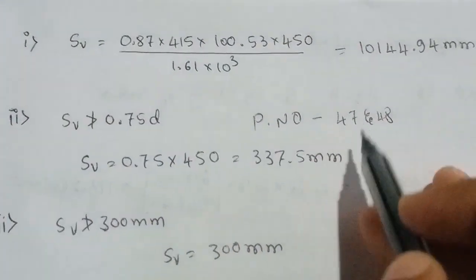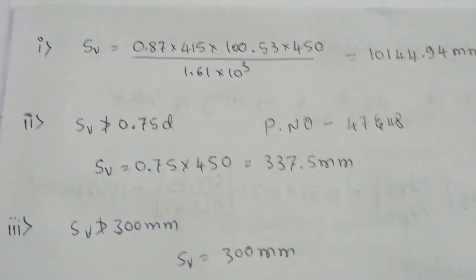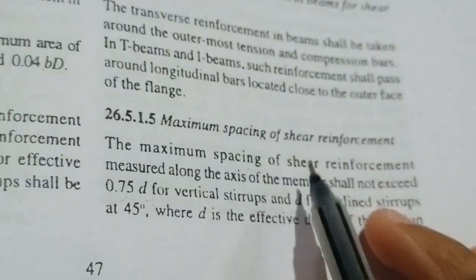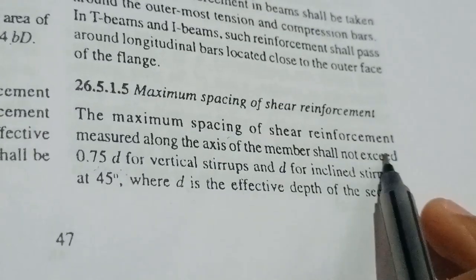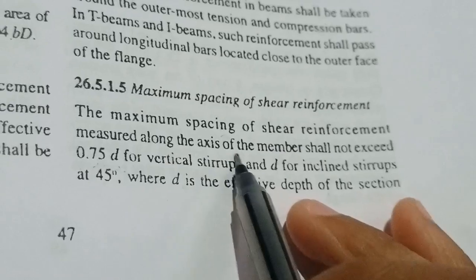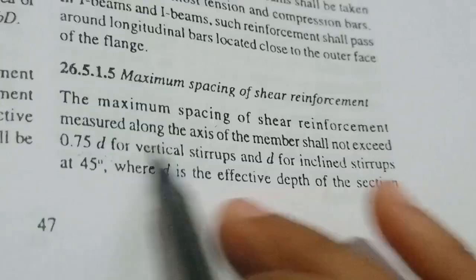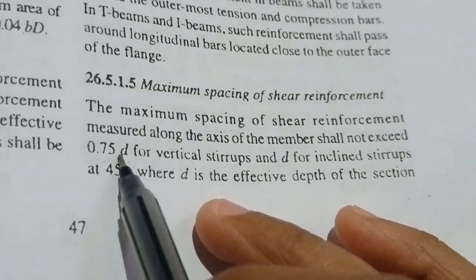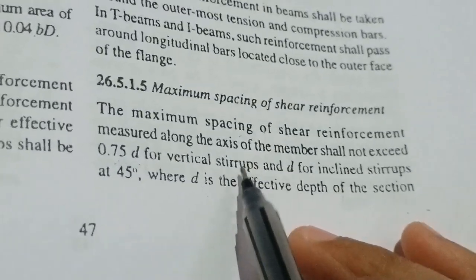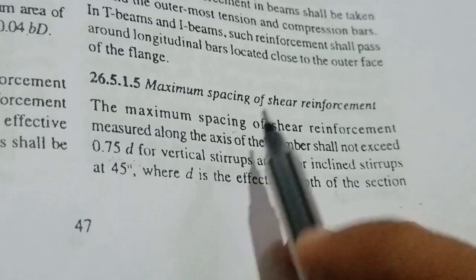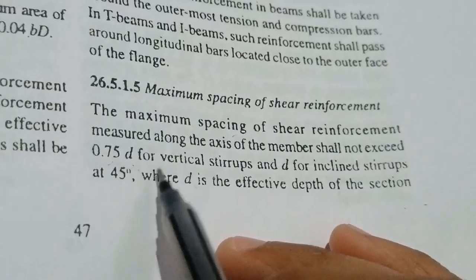As per page number 47 and 48, what does it say? The maximum spacing of shear reinforcement measured along the axis of the member shall not exceed 0.75 d for vertical stirrups. So our SV value should not be greater than 0.75 d.